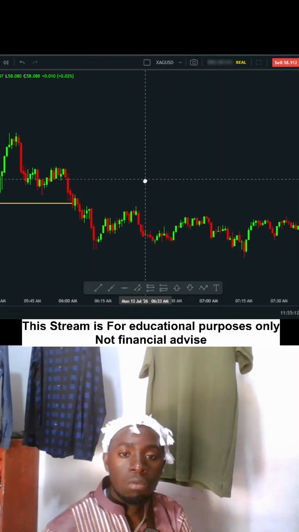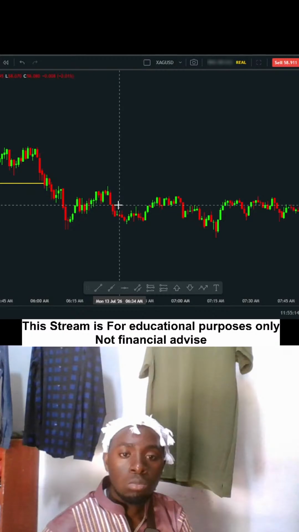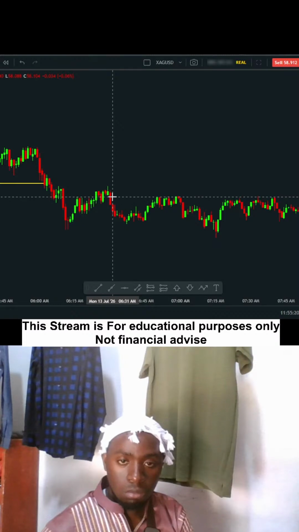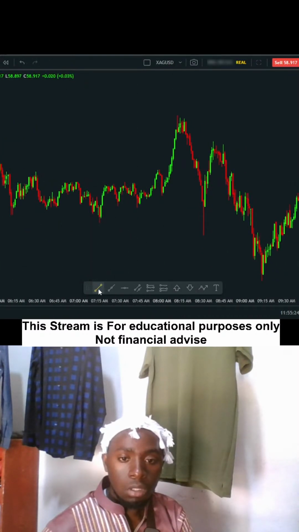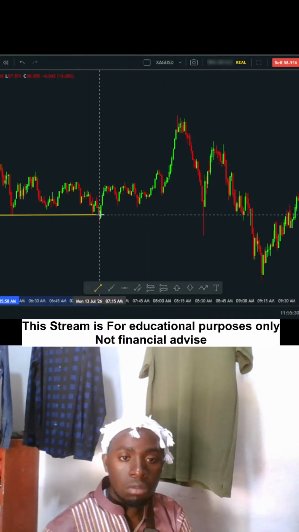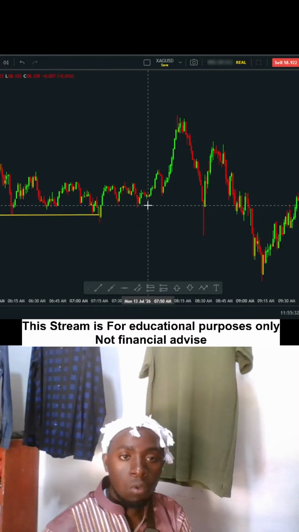What else? Then a low right there. There was a break of structure.